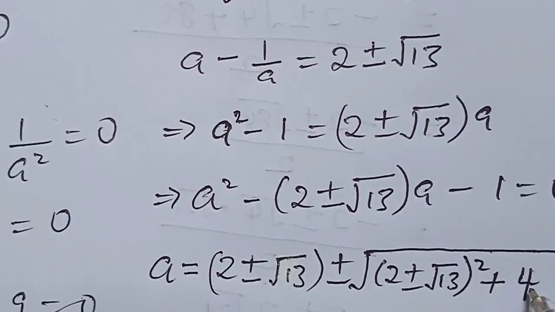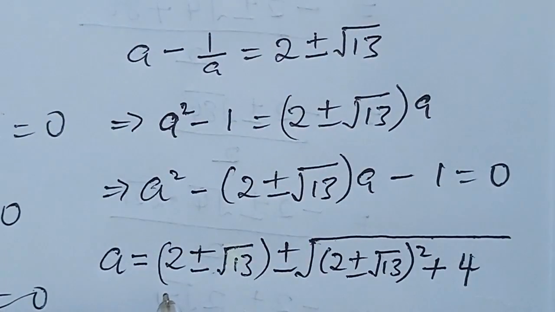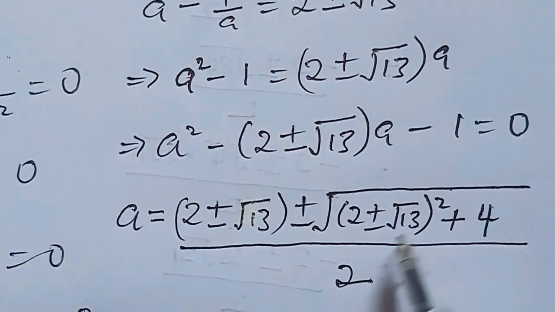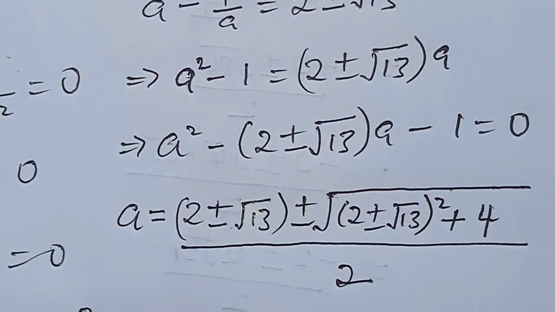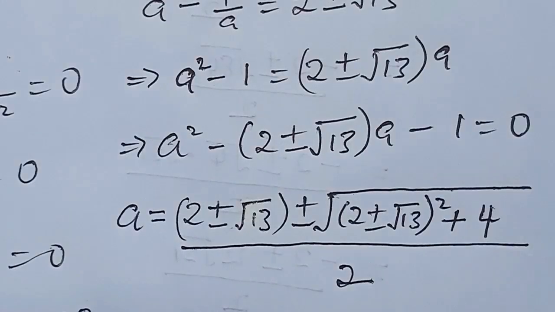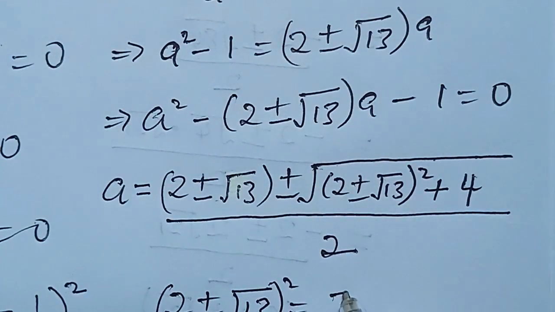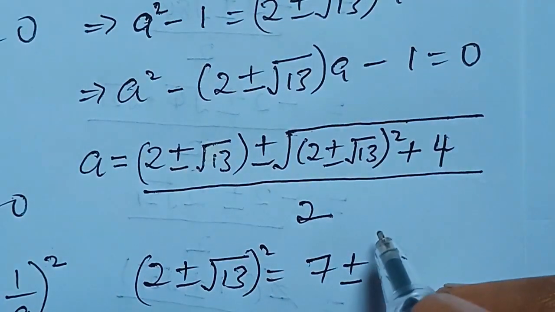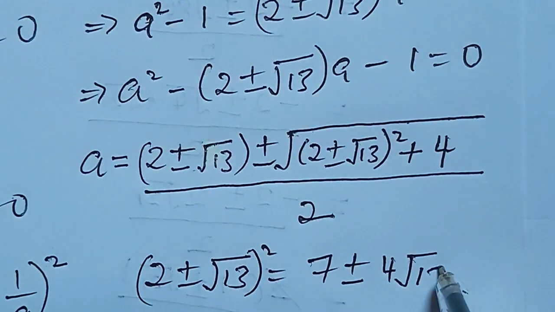If we multiply 4 by 1 by -1, we have 4, and everything will be over 2. So what we need to do here is to simplify this. That gives us (2 plus or minus the square root of 13)^2 can be expressed as 17 plus or minus 4 square root of 13.